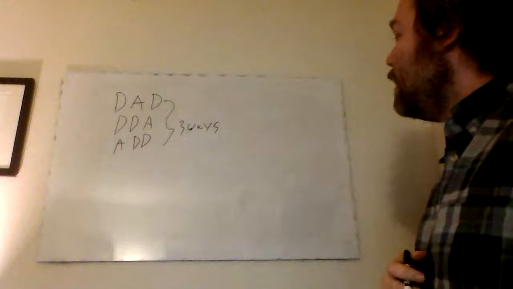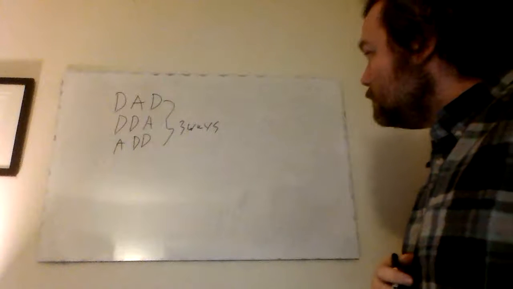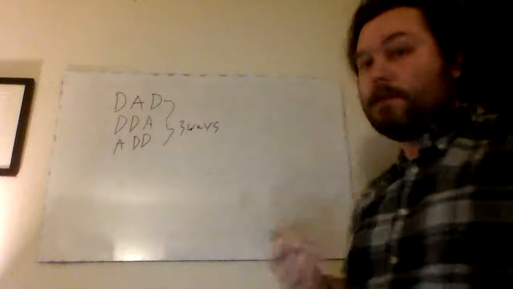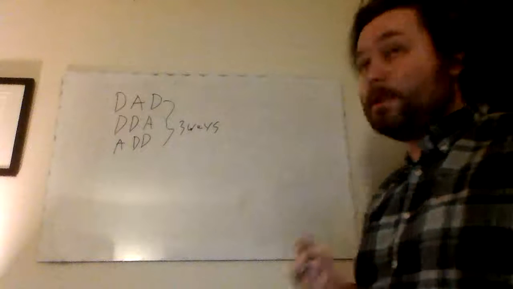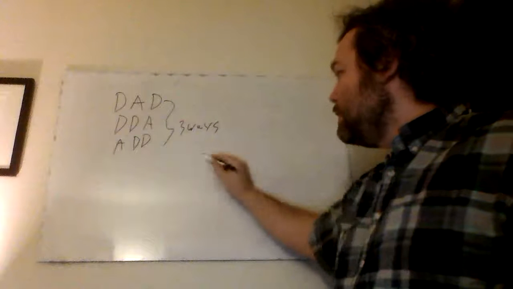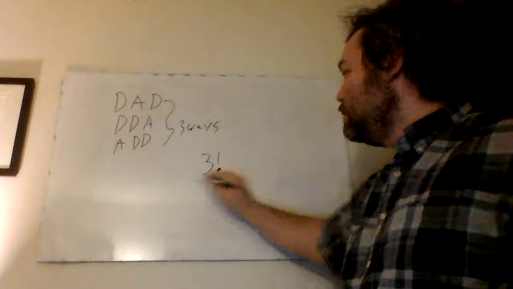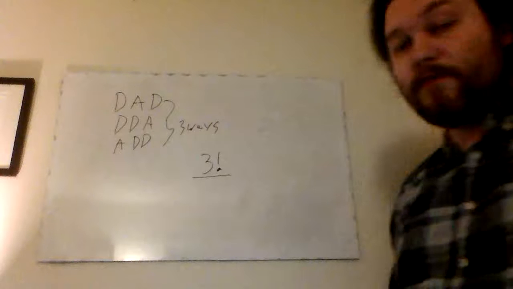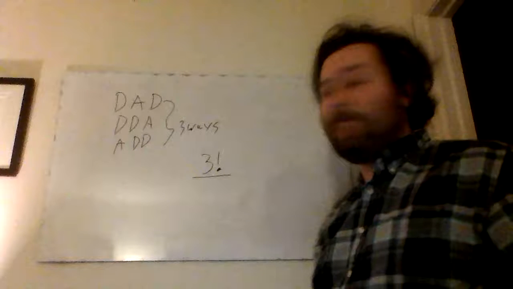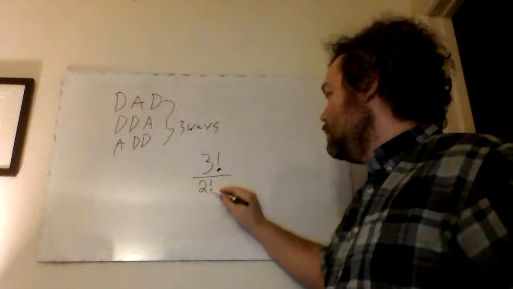But the systematic way of doing this, if you have a larger word, like Mississippi, or in the problem we just did, you can treat them as if they were all different, all unique letters. That's 3 factorial. And then how much did you overcount? That's 2 factorial. Okay?